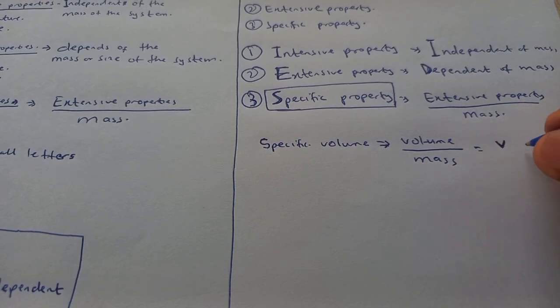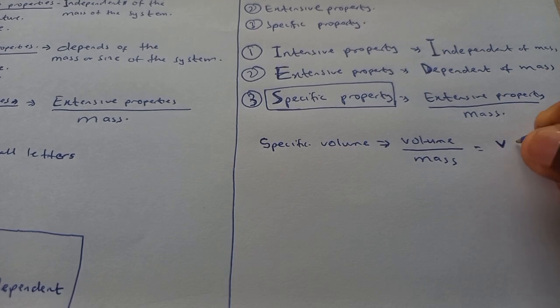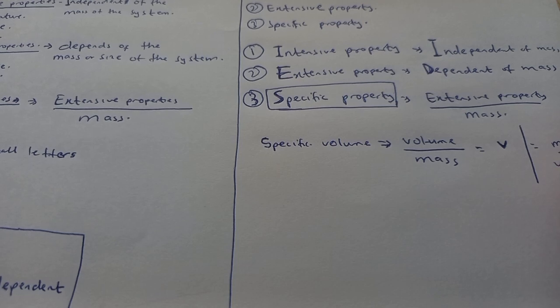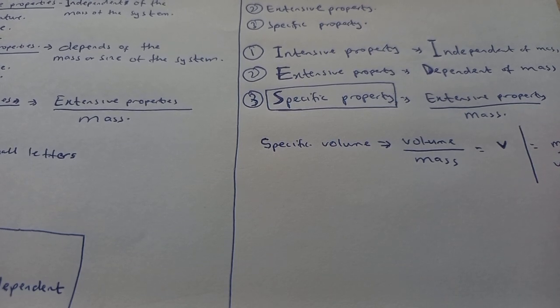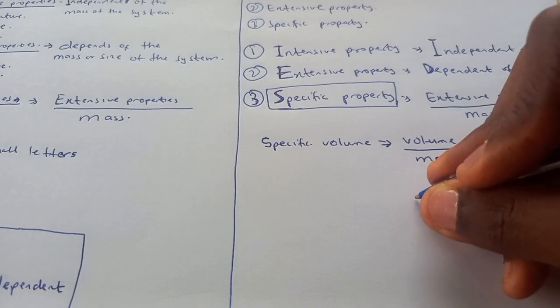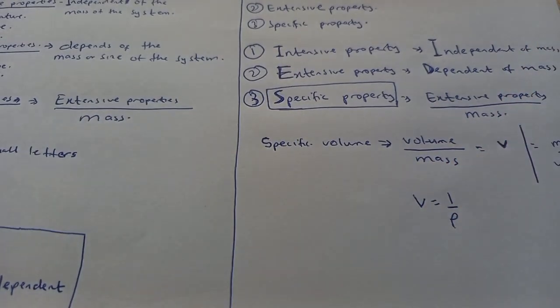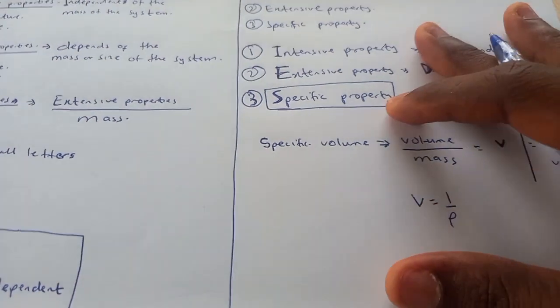But know that mass over volume is what? Is density. So specific volume v here is what? The inverse of density. Are you following?